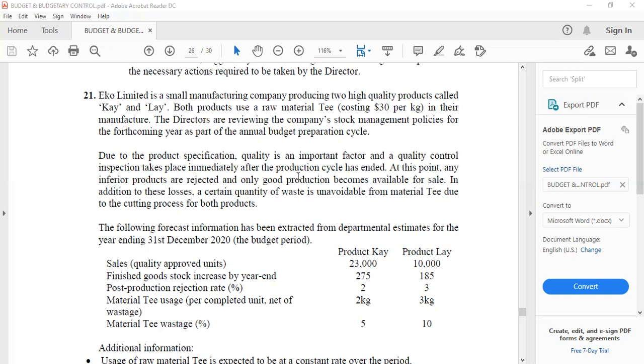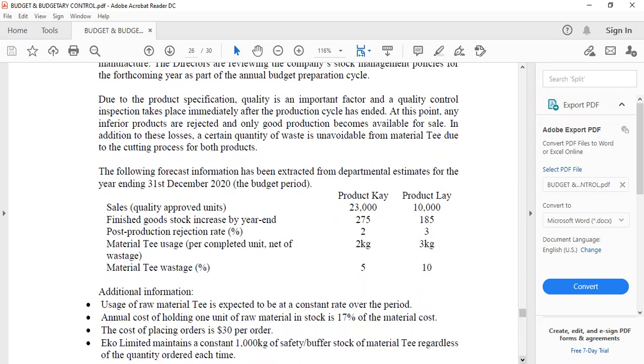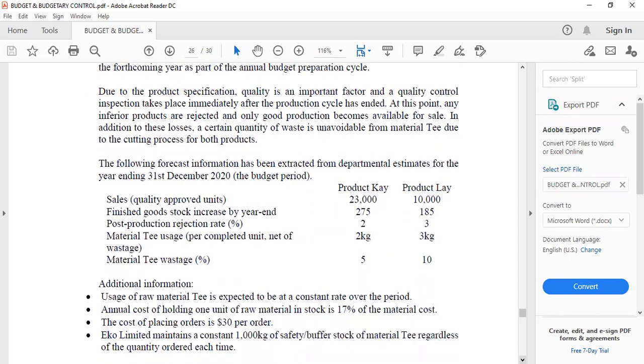Sales, finished goods, post-production rejection rate, material T usage. Additional information. 1. Usage of raw material T is expected to be at a constant rate over the period. 2.